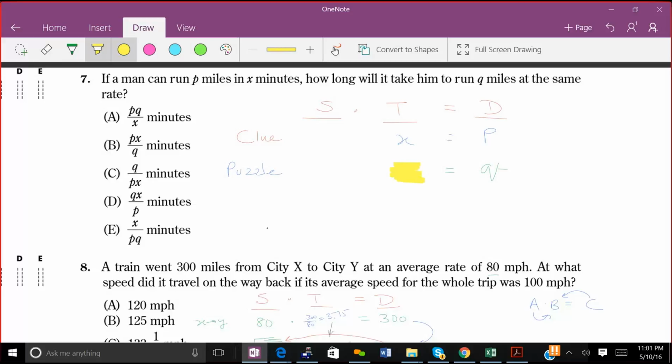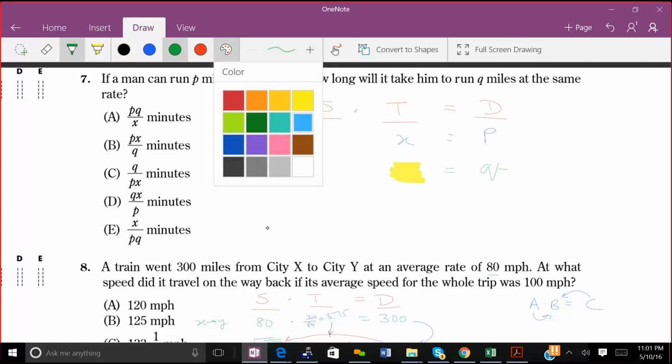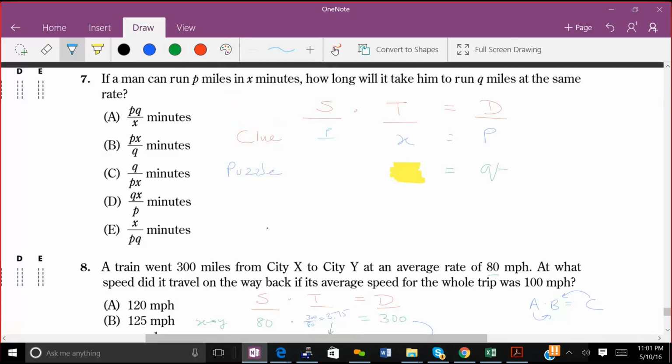They did not give us any speed, but we can find that from the given information. We can put P over X here, and then you can bring it down here, P over X. Then you can take this to the bottom, take this to the top. Q divided by P over X, which is equal to QX over P. Make sense?